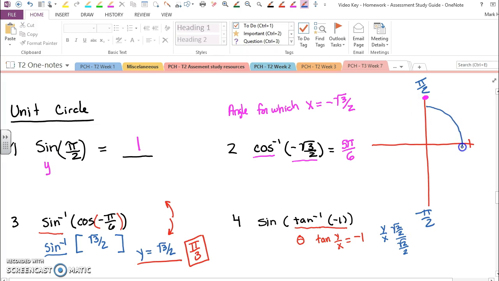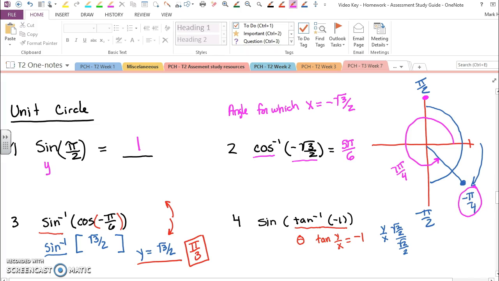Because this is the range of our inverse tangent function, we want this one down here, and we have to call it negative pi over 4. We cannot call it 7 pi over 4, even though those angles represent the same rotation.